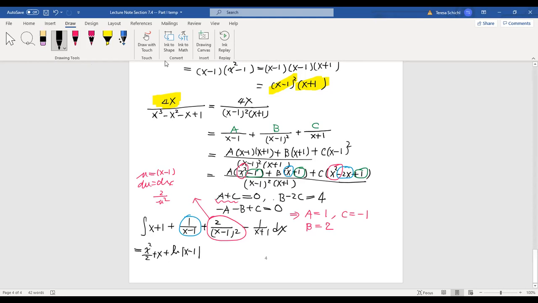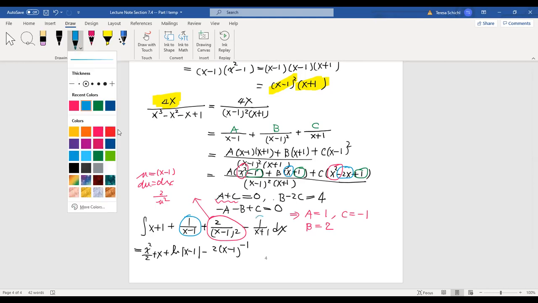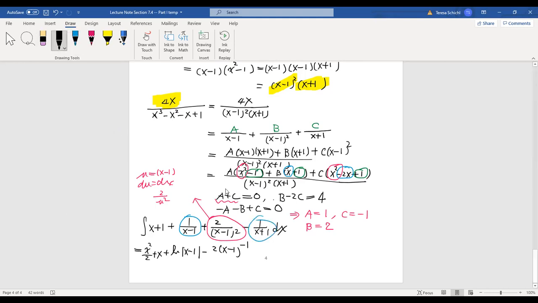So this one will give you minus 2 over x minus 1 to the negative 1 power. Then this one is the natural log again, so it's minus natural log of x plus 1, plus C.